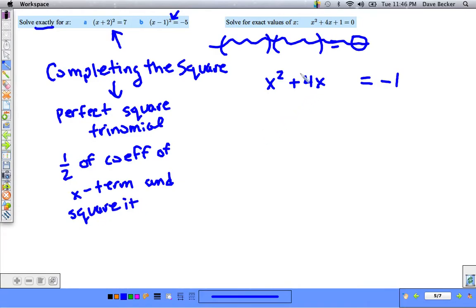So half of the coefficient 4 of the x term is 2. 1/2 of 4 is 2. And if I square 2, I get 4. So I'm going to write 4 right there. It's just a coincidence that both of these are 4.